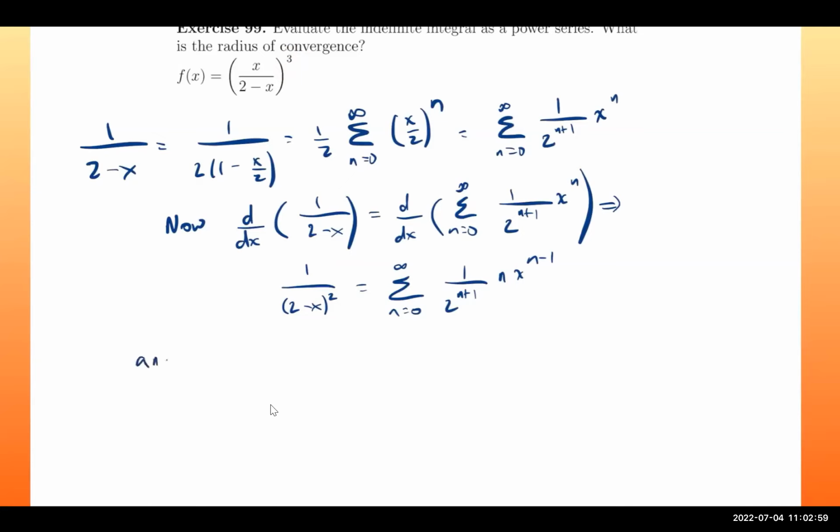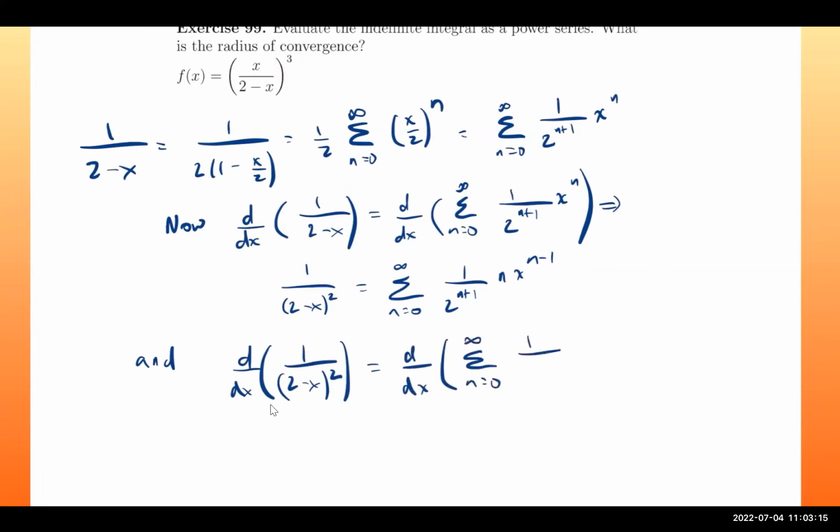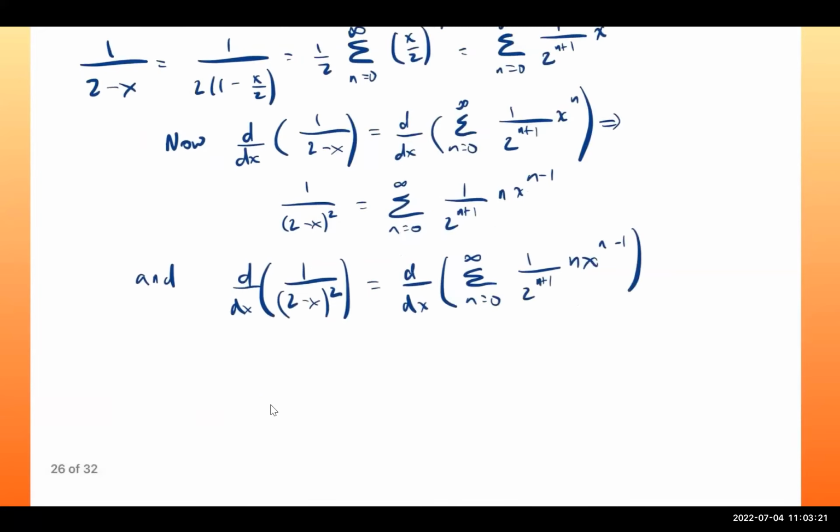The derivative of this now is going to equal the derivative of the power series yet again, the series that we just differentiated. That's going to look like this.